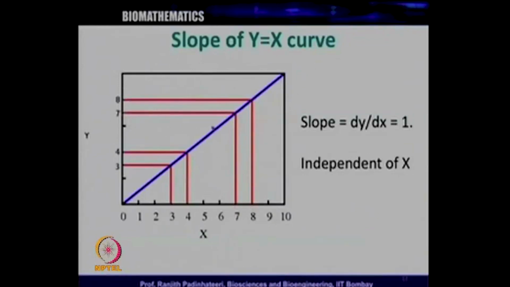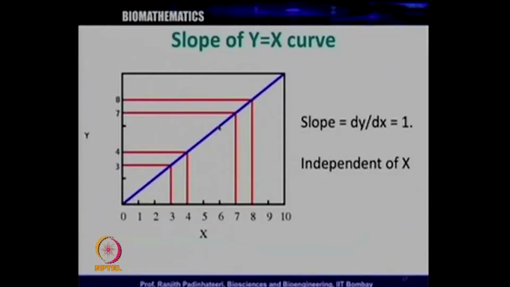So, dy by dx is 1. Whatever 2 x values you take, if you take any interval on this curve and calculate the corresponding y interval, you will always get the same result, that is dy by dx is 1, and it is independent of whatever x value you take. So, this is how we calculate the slope.